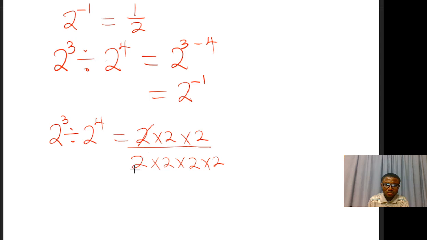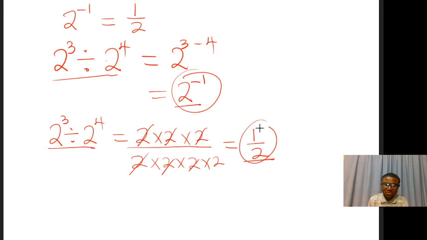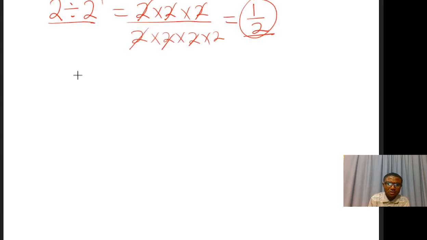So this cancels this, this cancels this, this cancels this, and we are left with 1 over 2. So this problem gave birth to this problem. Look at the solution it produced. So this solution and this solution are both equal. Therefore 2 raised to the power of negative 1 is equal to 1 all over 2.